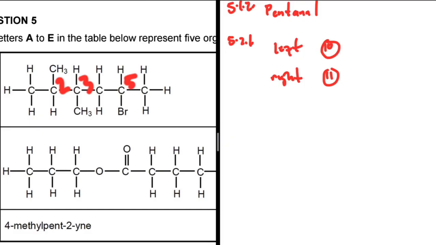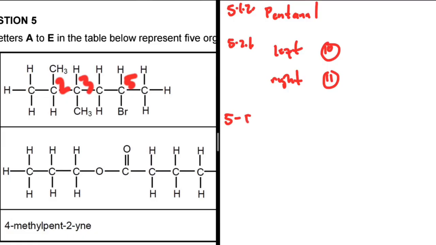But we have to arrange the substituents in alphabetical order. So we are actually going to have 5-bromo-2,3-dimethylhexane. Okay, there we go. That is the IUPAC name of this haloalkane.